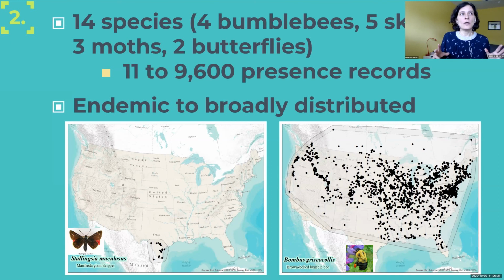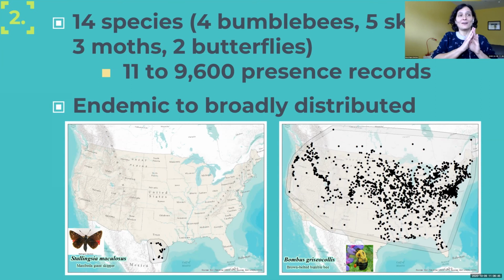I think originally we had over 30 species from various state level lists of species of conservation concern. But we ended up with these 14 species because only for these 14 species we were able to find occurrences, presence records that we could run models.